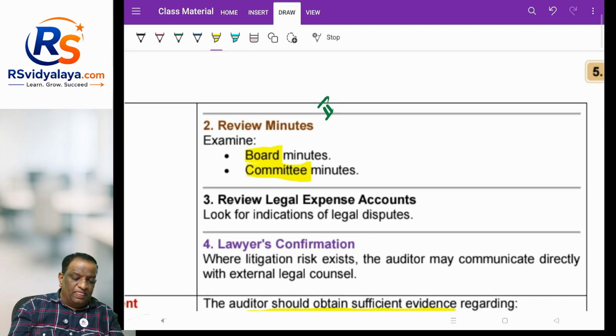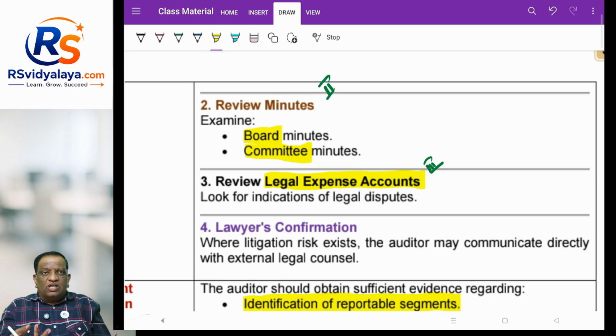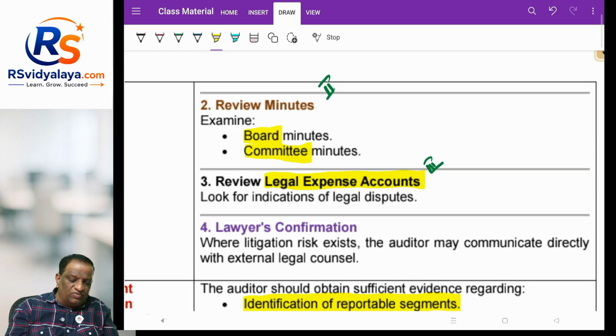Even in the minutes, they might not have recorded it. So as a third step, you verify the legal expenses account, that is, any payments made to lawyers. You take out the ledger and start questioning the management: if so much payment is made to the lawyer, why was it made? What is the background?